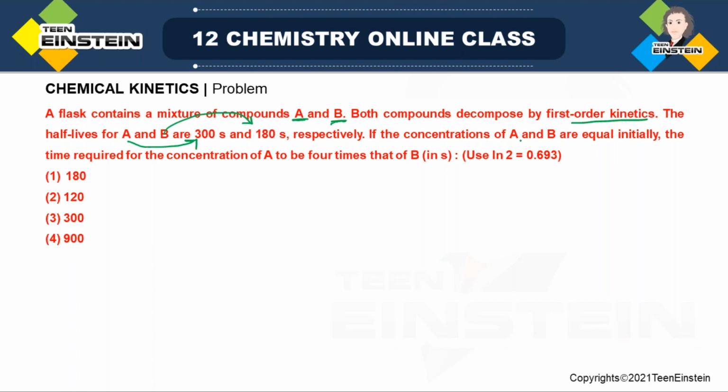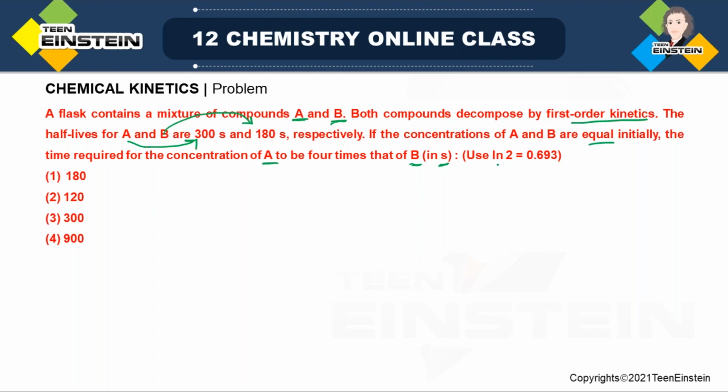If the concentrations of A and B are equal initially, that is when the reaction has not started, then the concentration of both compounds is the same. We have to find out the time required for the concentration of A to be 4 times that of B, and the unit should be in second, that is mentioned in the bracket, because if you look at the options, no units are mentioned.